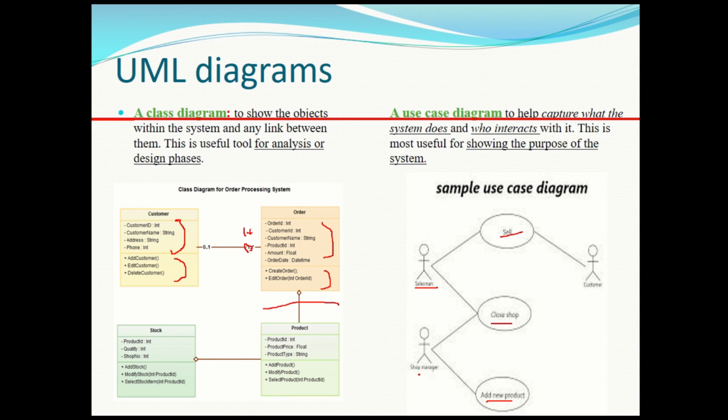The store manager can add a new item or close the shop. But the customer can do only one operation, the sell operation. We call this a use case diagram, and we will learn how to draw it, inshallah.